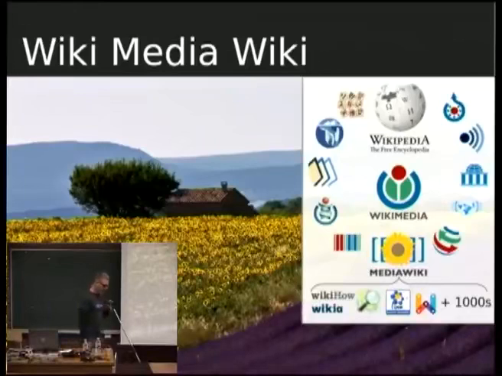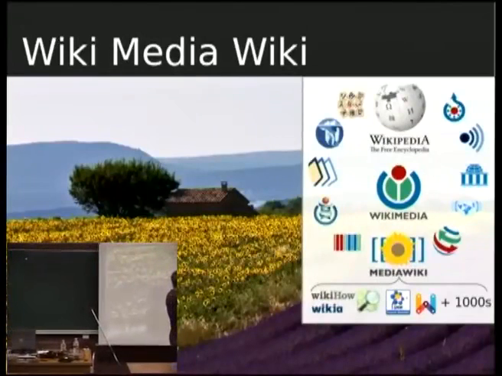And this is why all of the software we develop can be used by third parties, is used by third parties. So the MediaWiki software is also used by other projects, non-profit, for-profit, that are out of the Wikimedia movement.